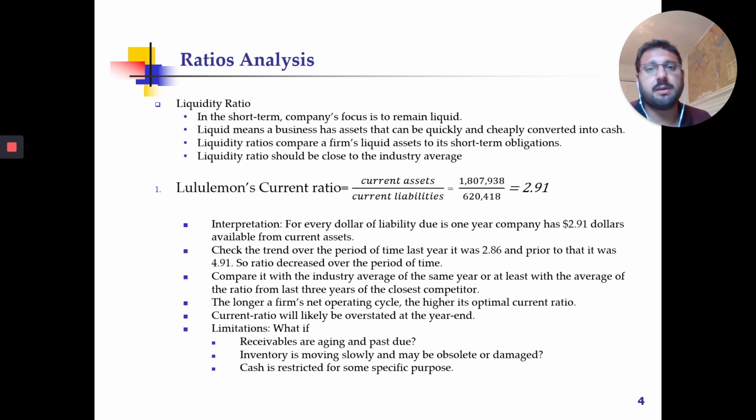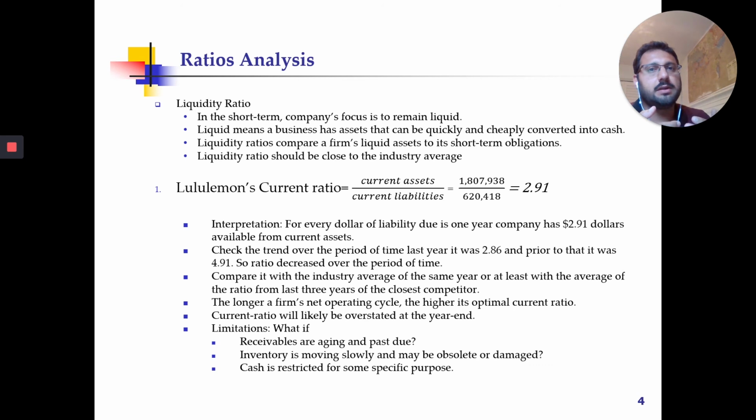In the short term, companies focus on liquidity, on how they can remain liquid. In the long term, the company is all about profitability. But in the short term, if the company is not able to meet its cash obligations, then it can go bankrupt.